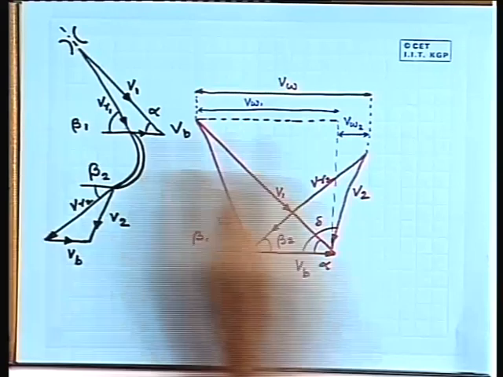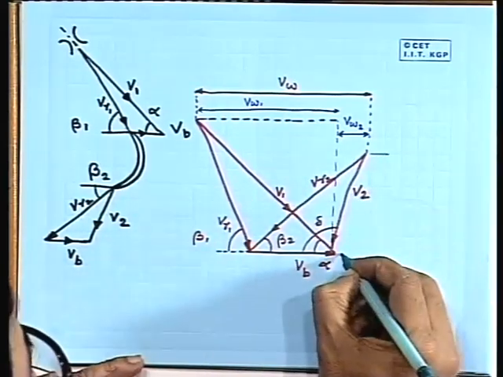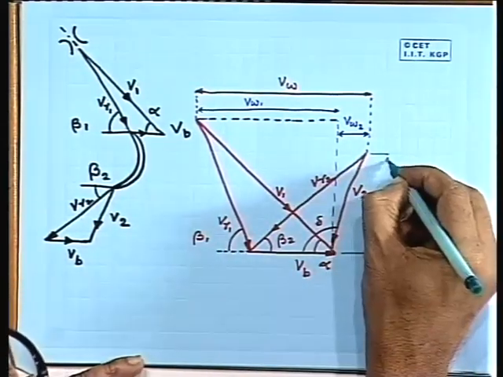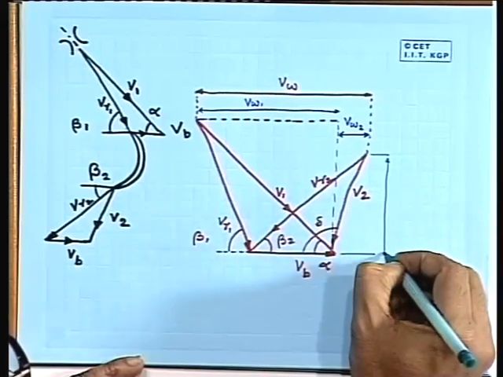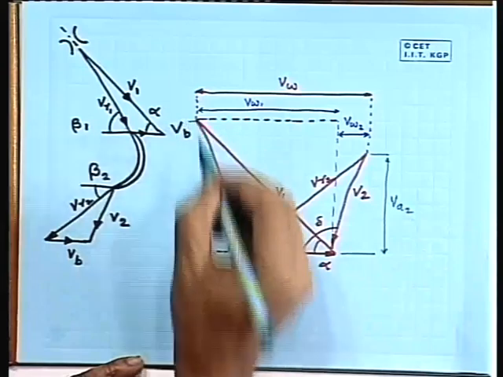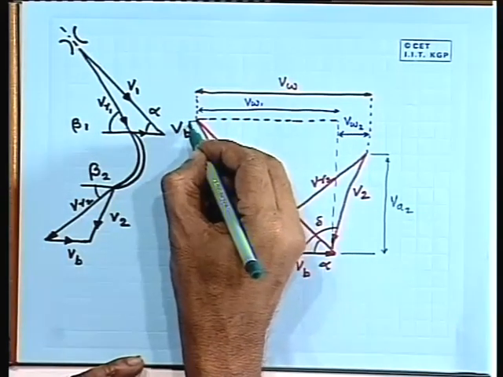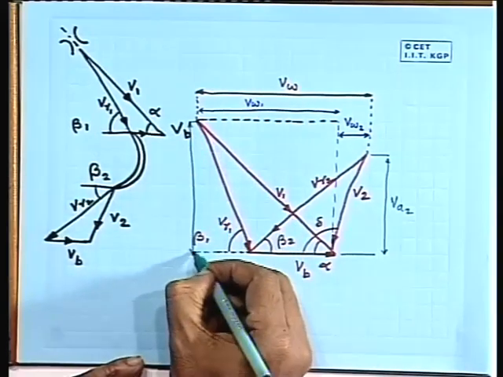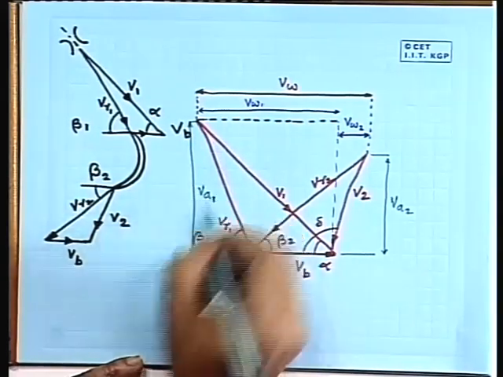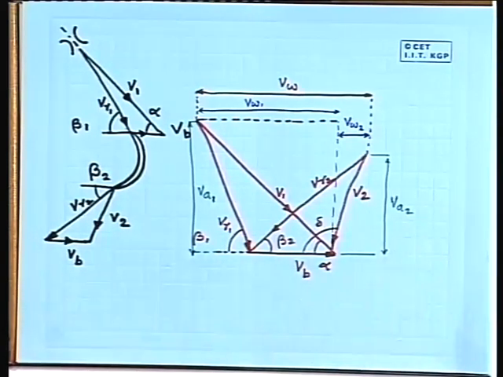And similarly, I can have Va2 and Va1. So, Va2 or Va in general, that is axial velocity or axial component of velocity.